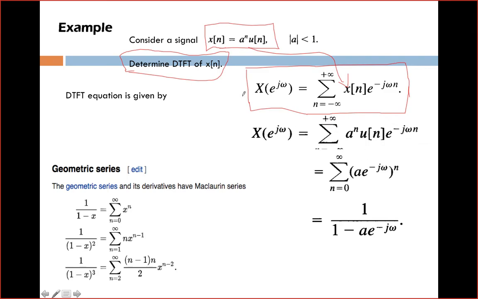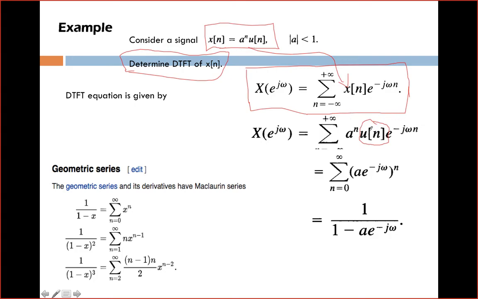When substituting a power n into this equation, I get the summation from n equals minus infinity to plus infinity of a power n and u of n times e power minus j omega n. Here we have a step function. You know what a step sequence is? A step sequence starts from 0 and goes up to infinity, but actually we have a summation limit from minus infinity to plus infinity.